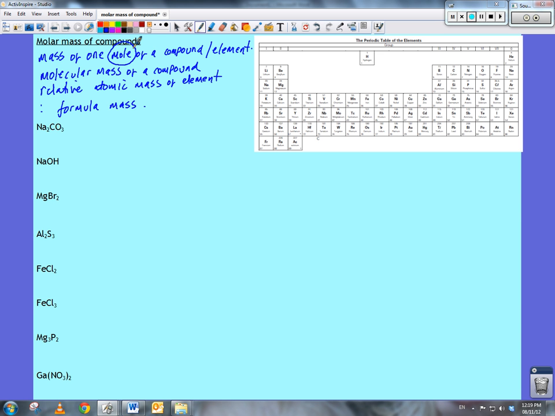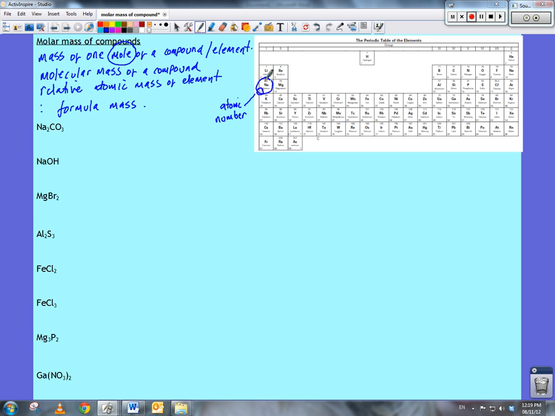If we look at our periodic table, we'll see that we have two numbers. For instance, sodium has got a smaller number here, the number 11. That's the atomic number. That gives you the number of protons in the nucleus of an atom of sodium.